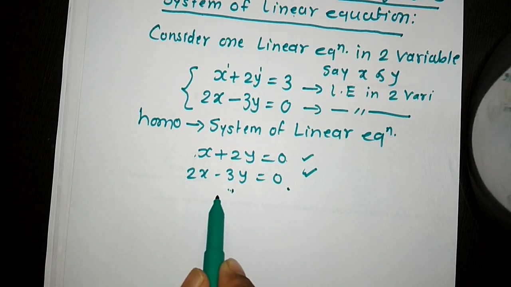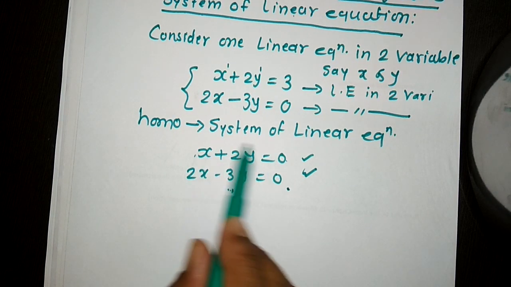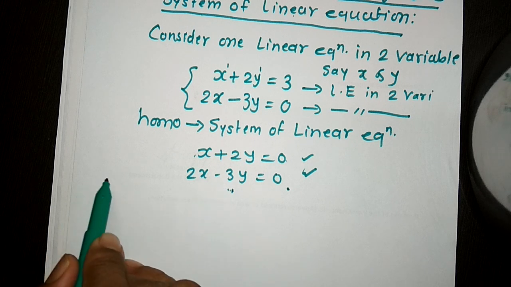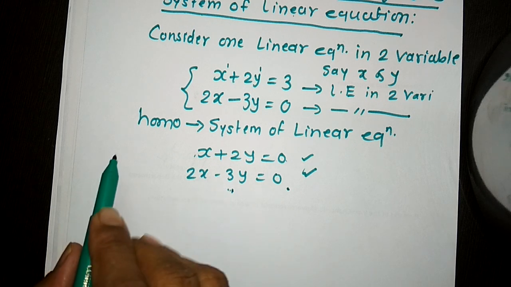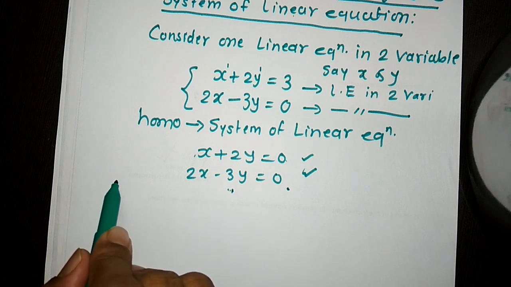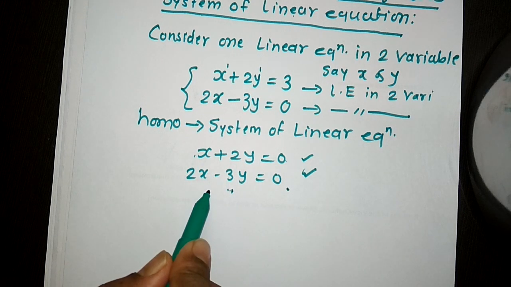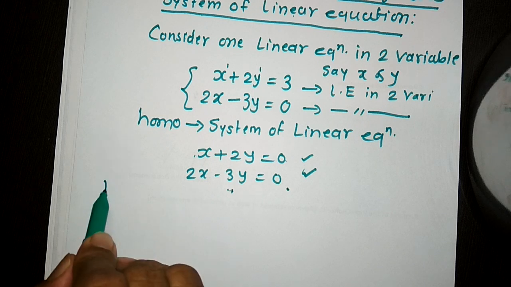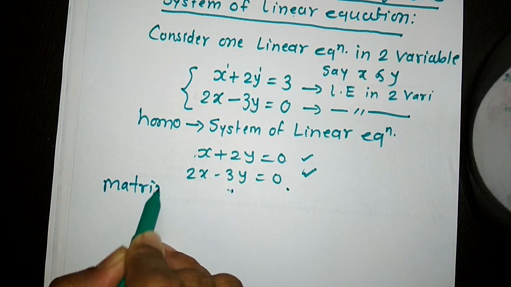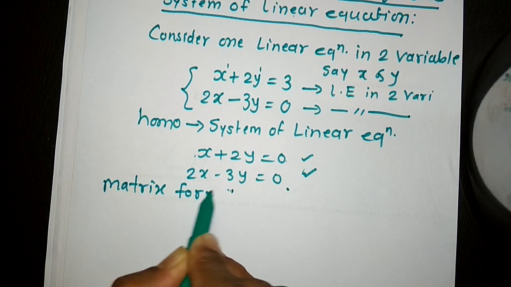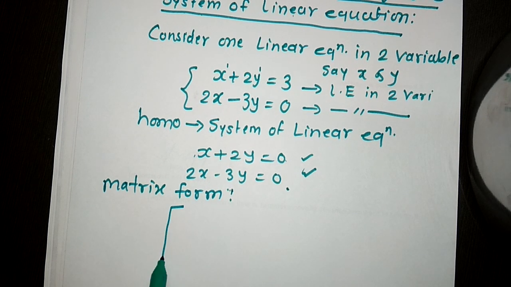So what is the procedure to find the solution of this homogeneous system? The first step is to consider this system in matrix form. Matrix form means construct the matrix in this way.